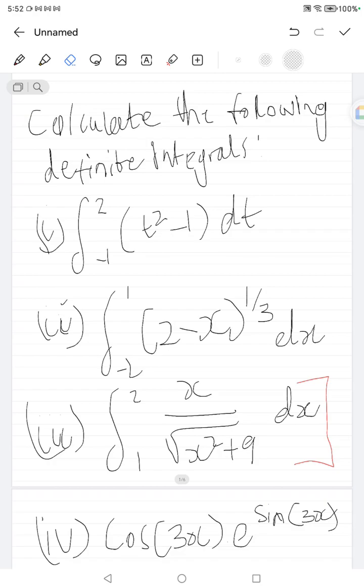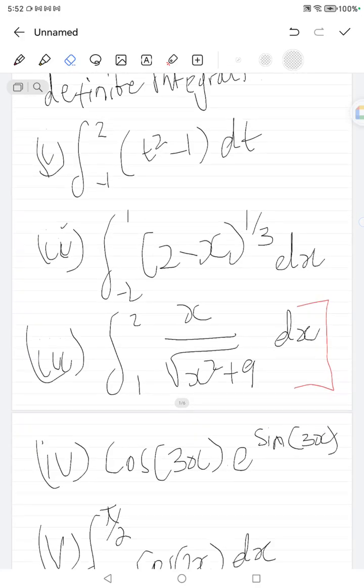The first one is straight up a power rule. Let me try with the first one, so that you guys can understand, rather than going straight to the difficult ones. Let me quickly check this one again.